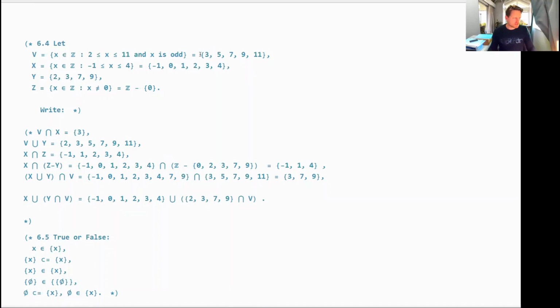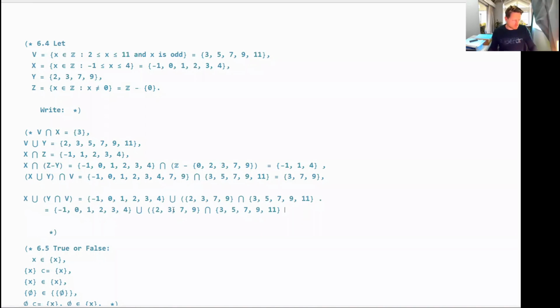So we'll just place this here and then calculate the intersection of these two. Okay, so what's common here? We've got 3, we have 7, and we have 9.